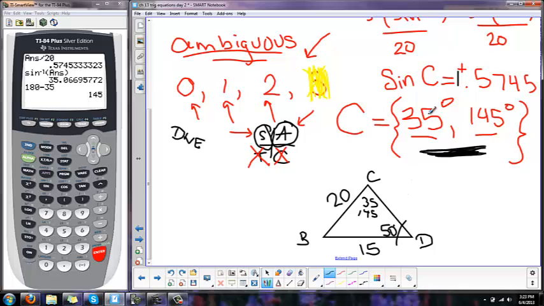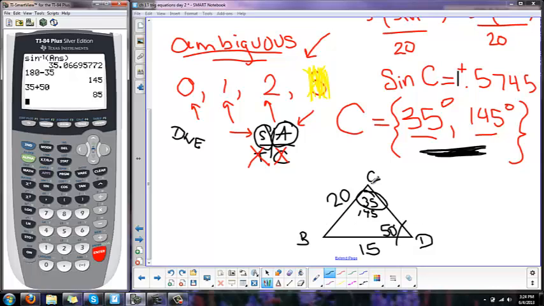Okay? Now, what you're going to do is go through and figure out if these angles make sense in your triangle. Let's just take 35 degrees first. If this angle C was 35 degrees and that angle is 50 degrees, 35 plus 50 adds up to a total of 85 degrees.